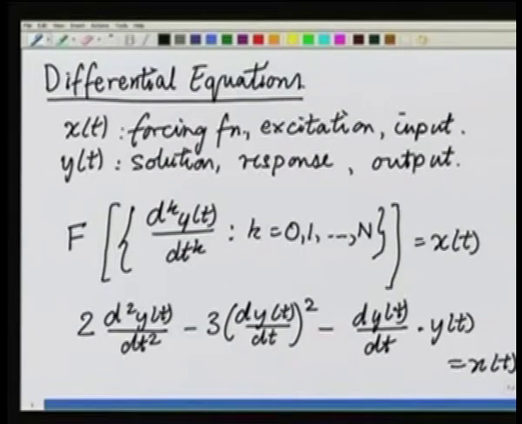Here is a general example. We have the second derivative and the first derivative of y(t), dy(t)/dt and d squared y(t)/dt squared, and we of course have y(t) itself, which is considered to be the 0th derivative. Hence, k equal to 0 is also mentioned in the set of derivatives of y(t) that we will relate to x(t), the forcing function.